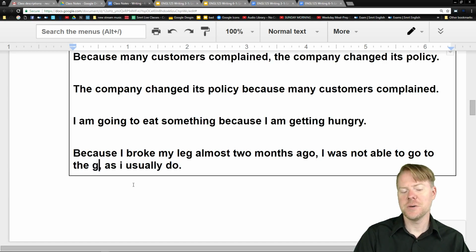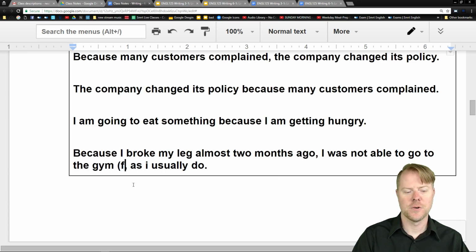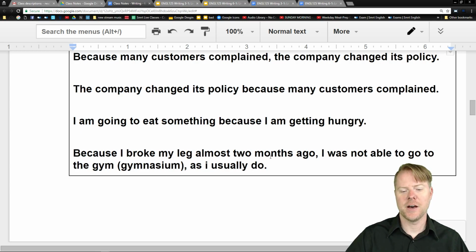The spelling of this gym is G-Y-M, short for gymnasium. The J-I-M is a man's name, as I usually do. And this is correct. Remember, if you start with the linking device and the dependent clause, you'll need a comma and then the independent clause.